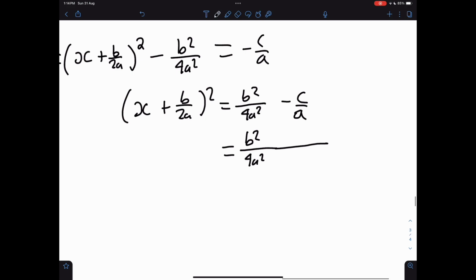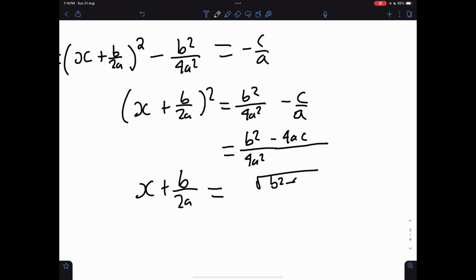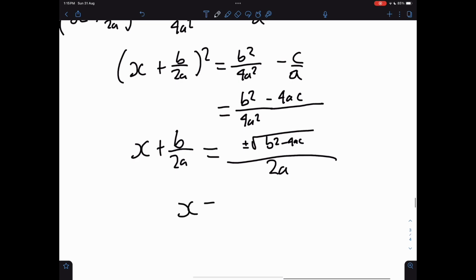We get minus 4ac, and that a becomes 4a squared, so we can just combine it into one fraction. Now we take the square root, and this should be starting to look very familiar. And the square root of 4a squared is just 2a. And that's how you get this, which is your quadratic formula.